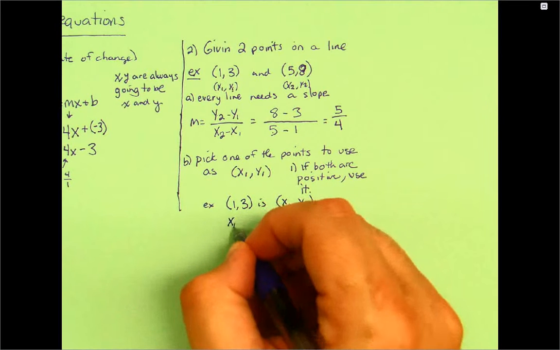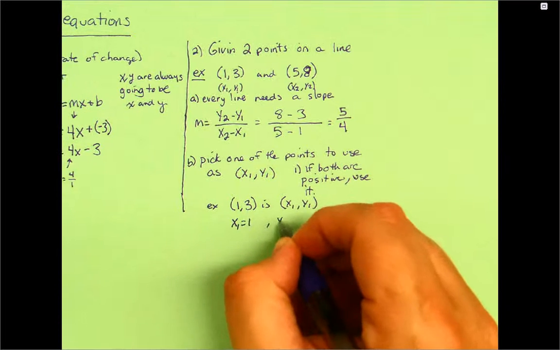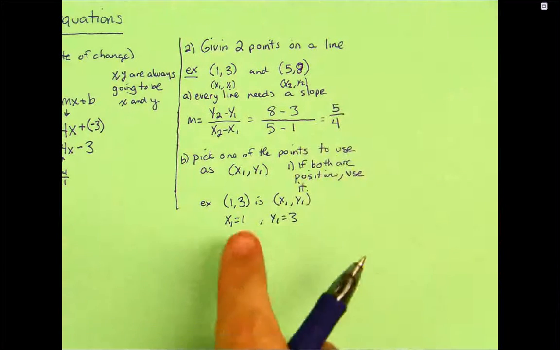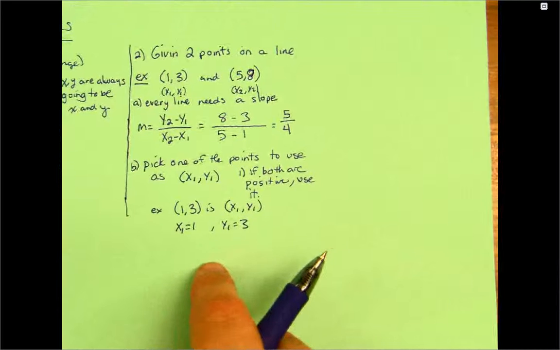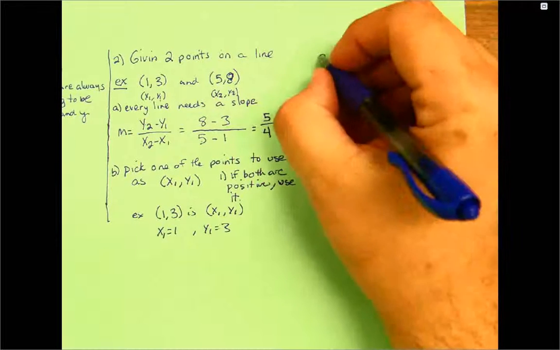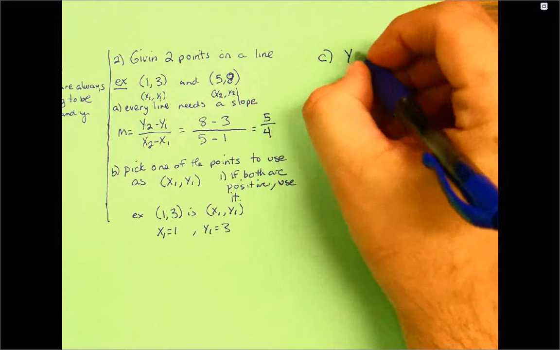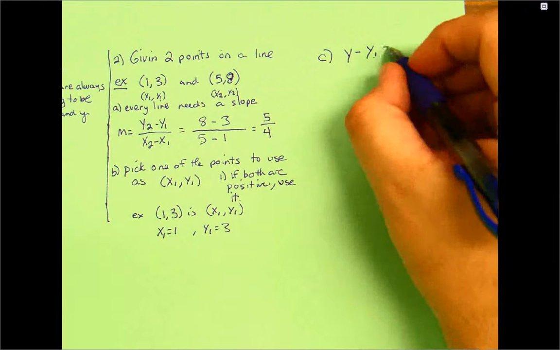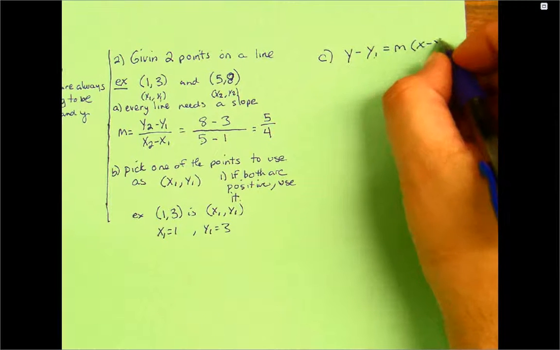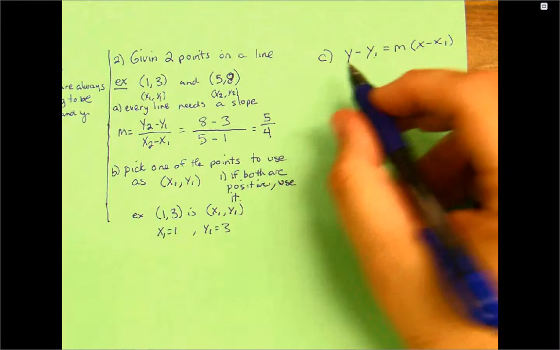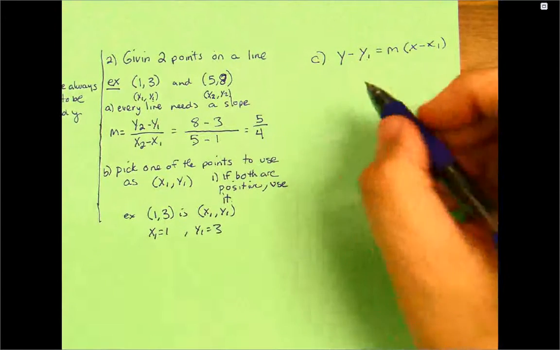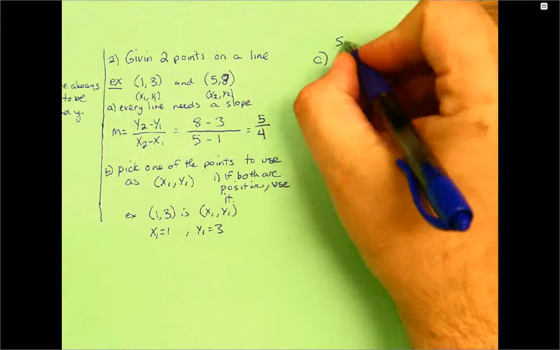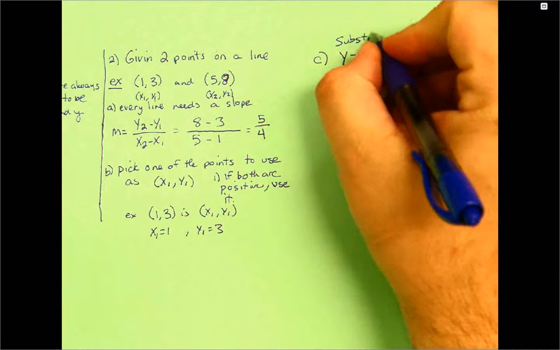So by using the positive numbers, it's a whole lot easier when I go to part C here, and I need to use the equation y minus y1 is equal to m times x minus x1. Because then it's just substitution. Substitute in your m, x sub 1, y sub 1.